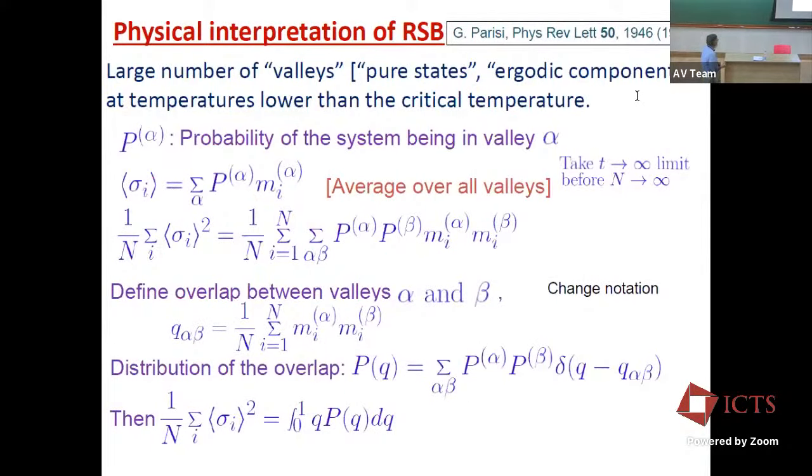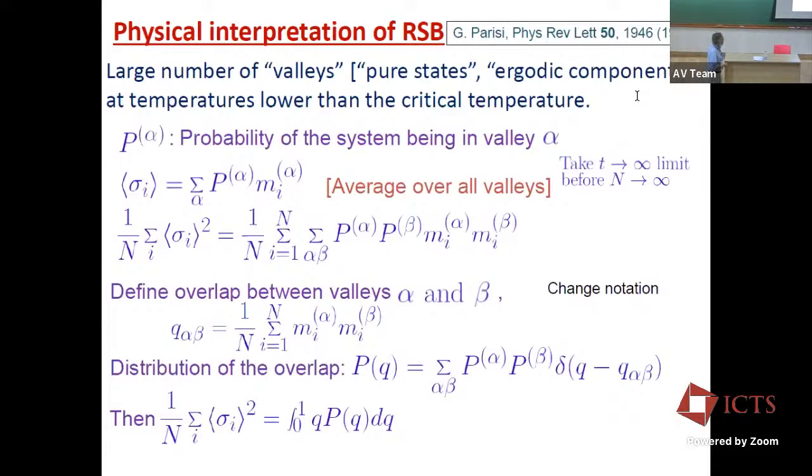When you have alpha and beta, this notation should be changed because alpha and beta are also used for replicas, and that causes some confusion. These are two different minima of the potential energy, and the overlap goes from +1 to -1, the way it is normalized.